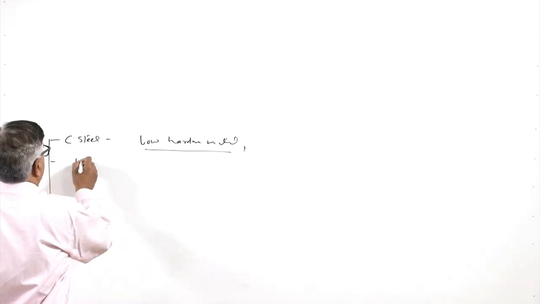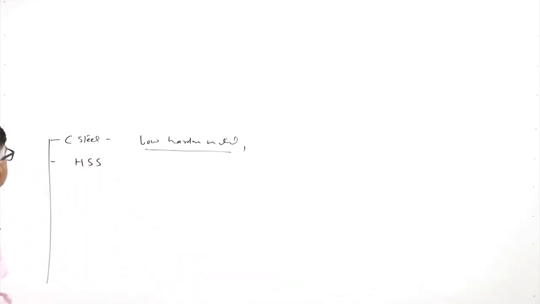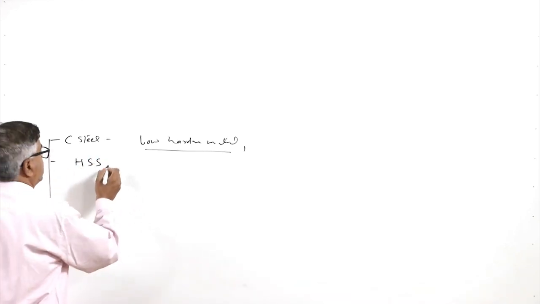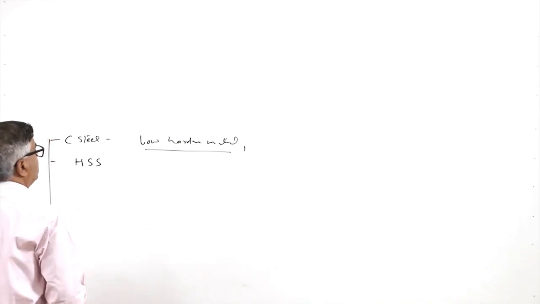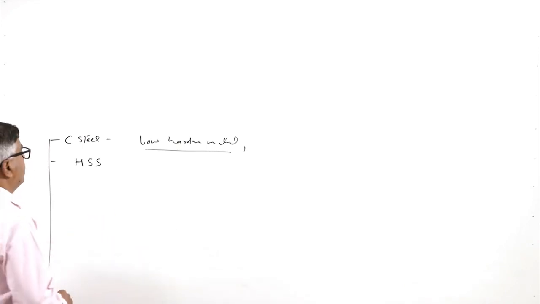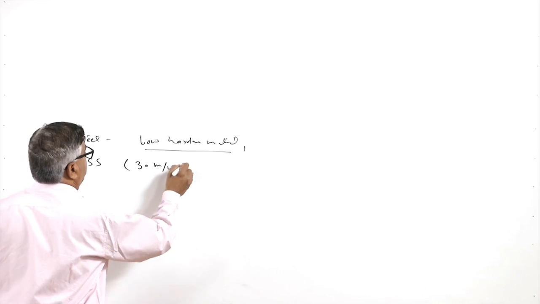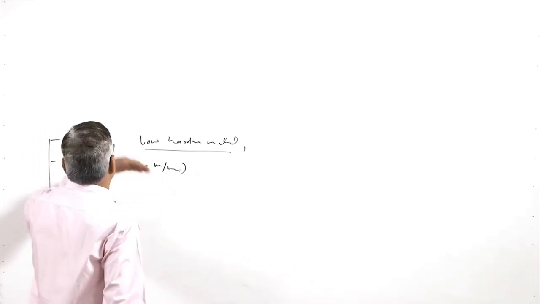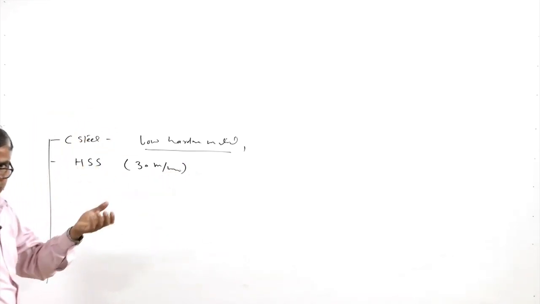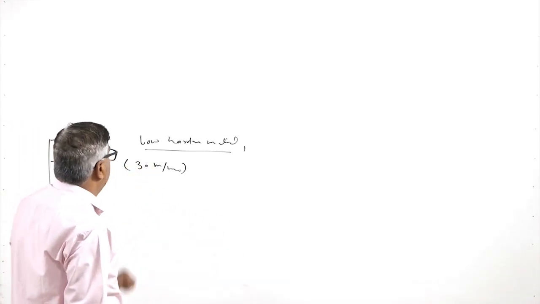But the more commonly used tool material is high speed steel. When it was developed, it allowed working with say 30 meter per minute cutting speed, which was much higher than what was being offered at that time by carbon steel. That is why it was termed high speed steel.